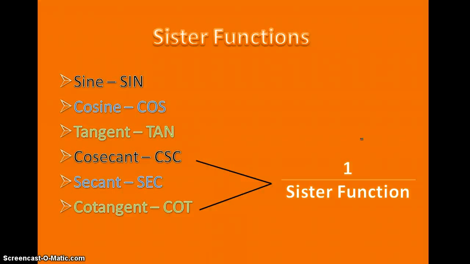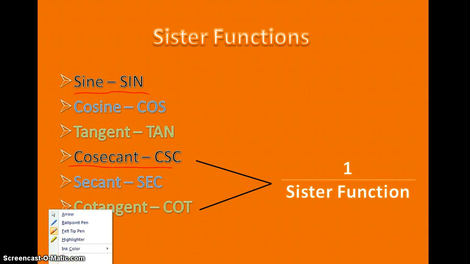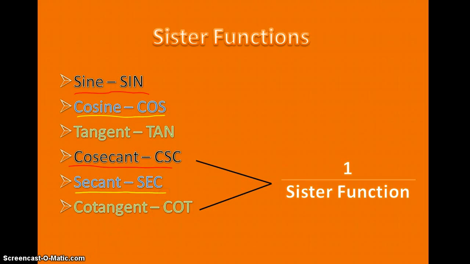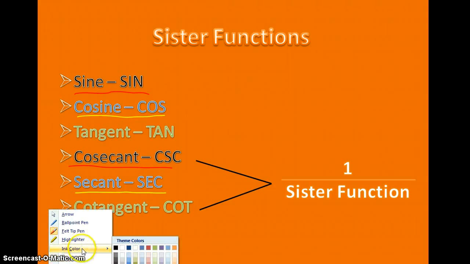Earlier, I mentioned there are 3 different colors on here, and these 3 different colors are all specific to one another. Our first 2 are sine and cosecant, as they match up with one another. Cosecant and sine, they're both in black. These 2 are what are called sister functions. The second set of sister functions are cosine and secant, which are in the same color also.